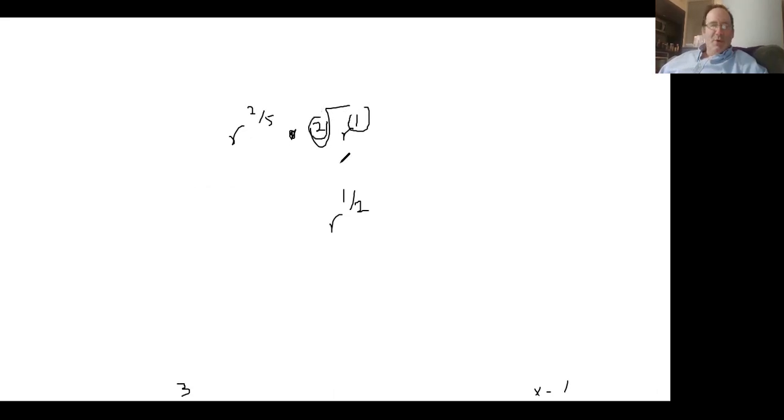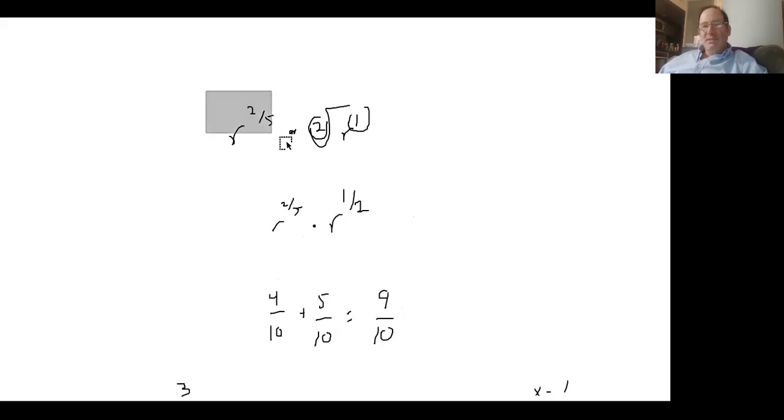Rewriting radicals as exponents, this is what's in the numerator, and this is what's in the denominator. So I've got r to the 2/5 times r to the 1/2. I just need to add those two exponents, and I get 4/10 plus 5/10 equals 9/10. So it's r to the 9/10, or answer choice D.